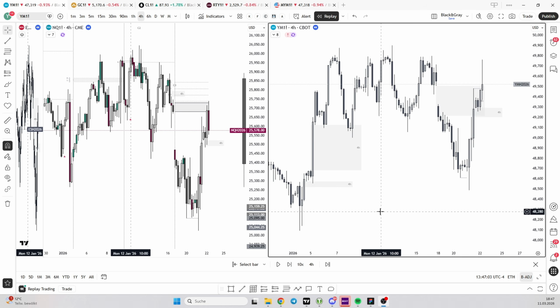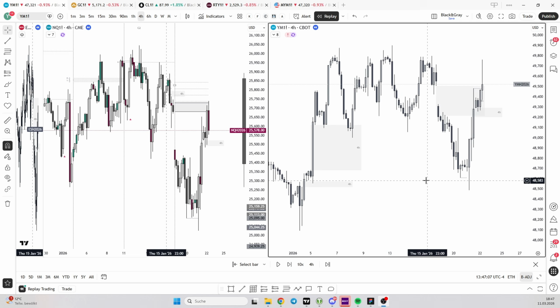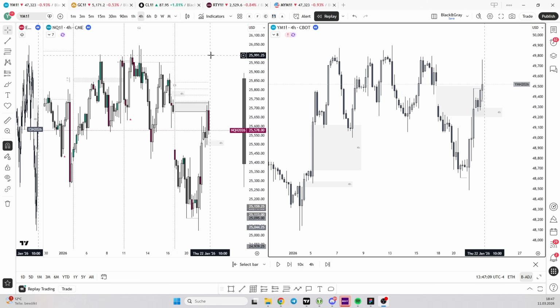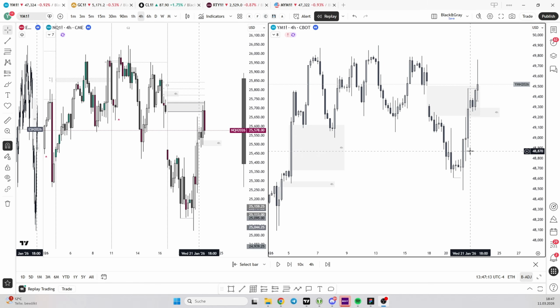Here is another example on YM for the relative equal highs or lows continuation. As you can see on the 4 hour, we tapped into this 4 hour fair value gap to continue, but there was no SMT or something, so I couldn't take it.